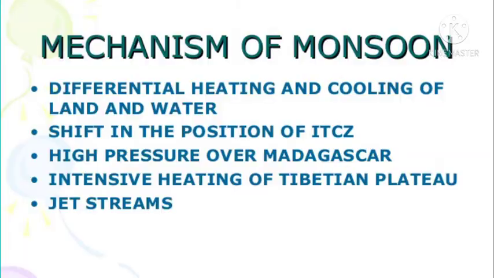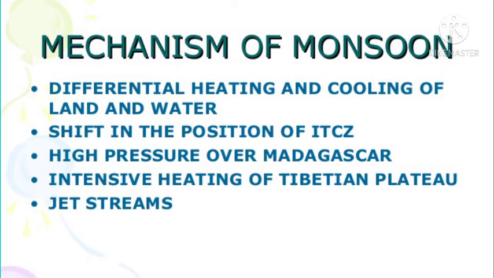So students, if we talk about the mechanism of weather, in India there are two types of mechanism in the weather. That is the mechanism of weather in the winter season and the mechanism of weather in the summer season.